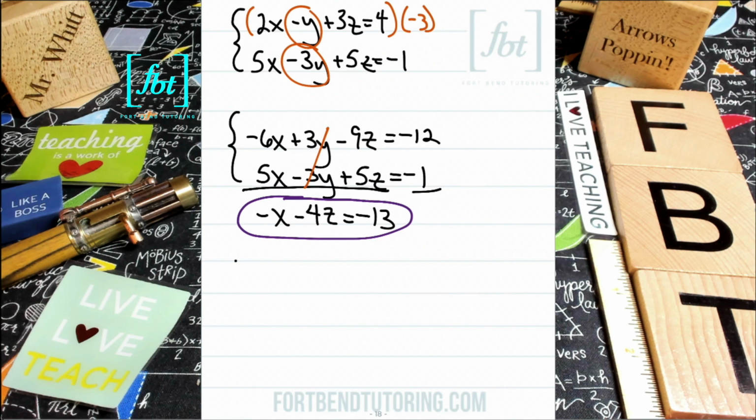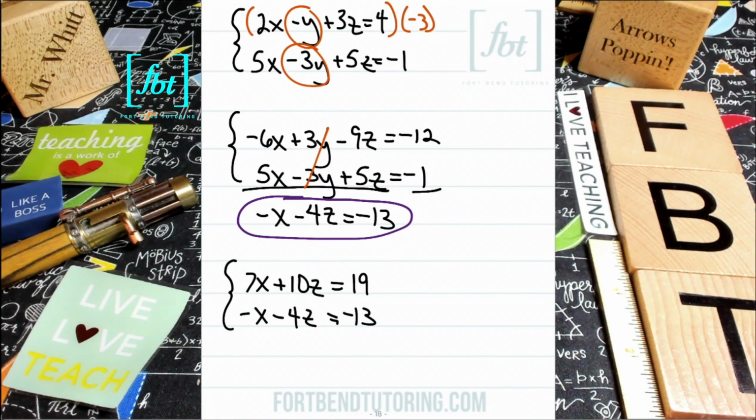Utilizing these two equations, 7x plus 10z equals 19, as well as negative x minus 4z equals negative 13, we want to eliminate one of these variables. So let's choose the x variable to eliminate. Why? Because the LCM is 7x, whereas the other one would be 20z.